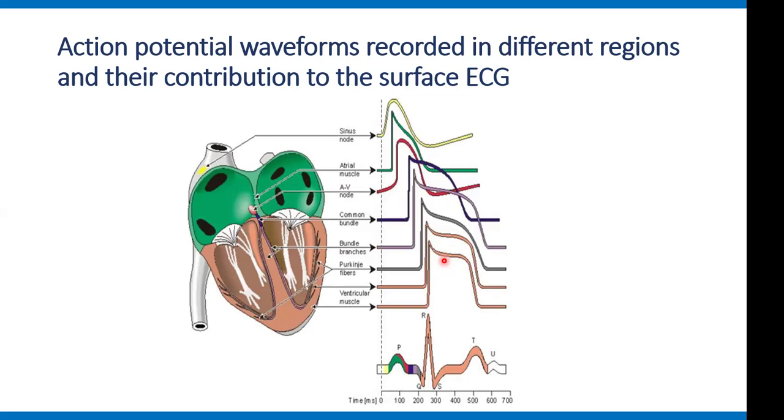But the sinus node, the atrial muscles, and the AV node have quite similar cardiac action potentials, and that is because of the ion channels involved in the generation of their action potentials, and we'll look at that shortly.